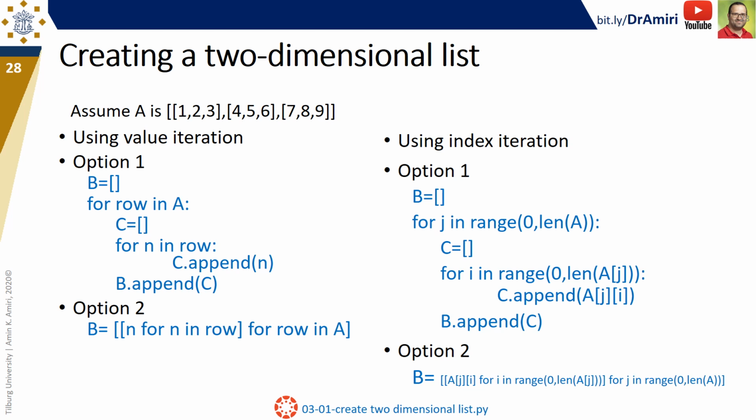It's very similar in nature to creating a one-dimensional list, but you need to take into account that if you want to use option one for value iteration or option one for index iteration, you need to create an intermediate list called c and add the elements of each row to c so that then you can append that list to b.